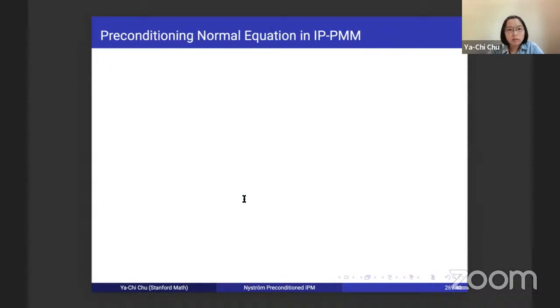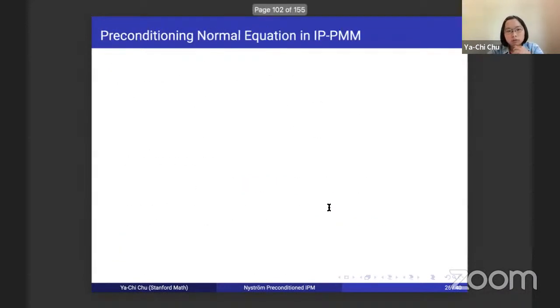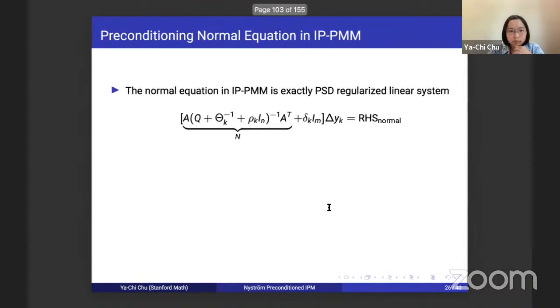Now we can talk about how we want to solve these linear systems. Again, because the problem is large, we want to use an iterative solver. How do we do the preconditioning? Let's denote the first part of the positive semi-definite matrix, which we called N previously, so it takes this form: A times some diagonal matrix times A transpose.